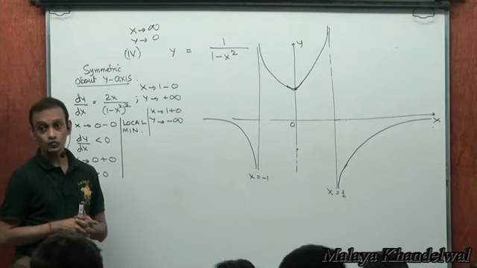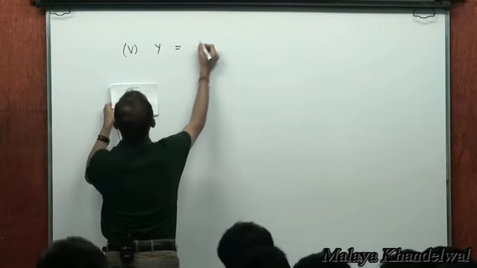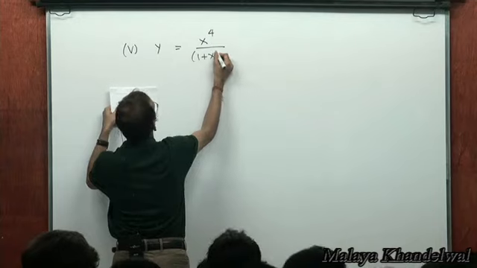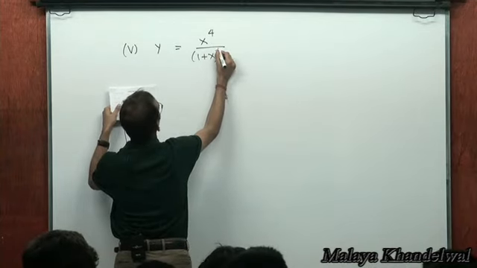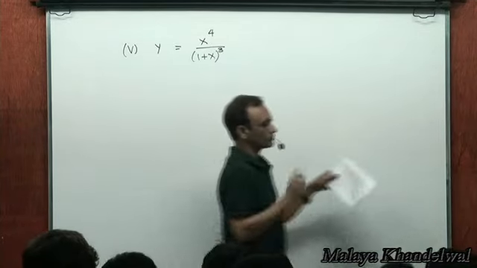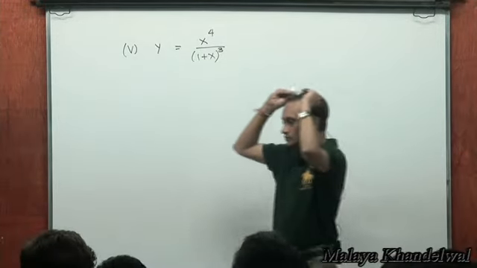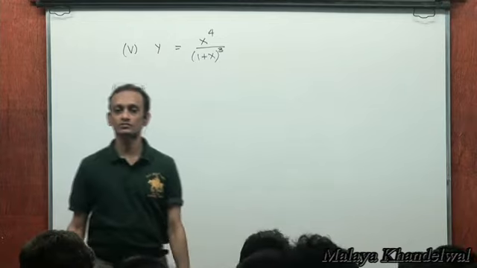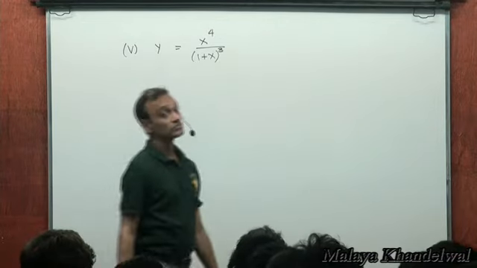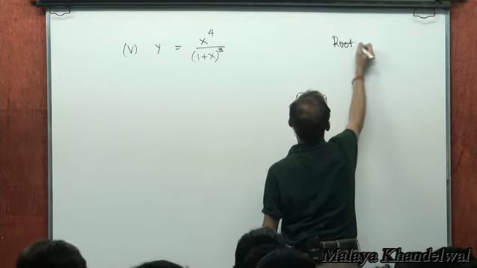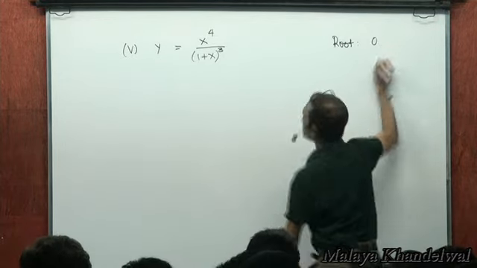Yes or no? Y equal to x power 4 by 1 plus x whole cubed. All right. Do you see some roots here? 0 is a root, repeated 4 times.